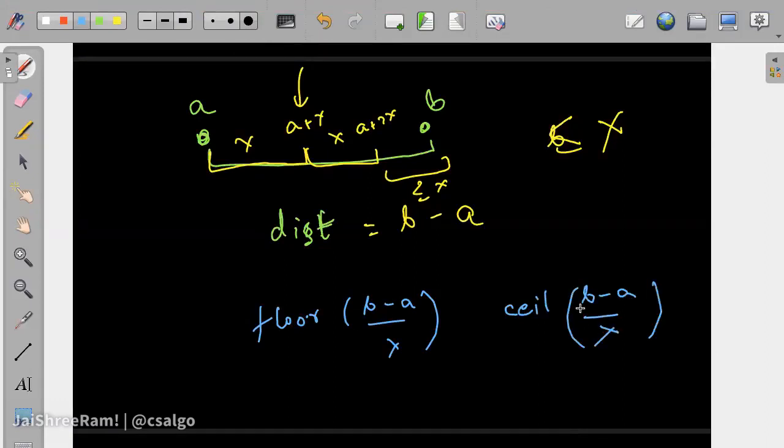Any other functions that you're thinking? Okay, so everybody says floor. Let's talk about one particular value.